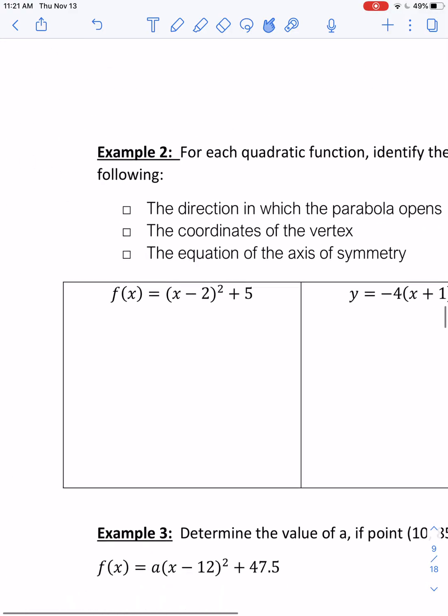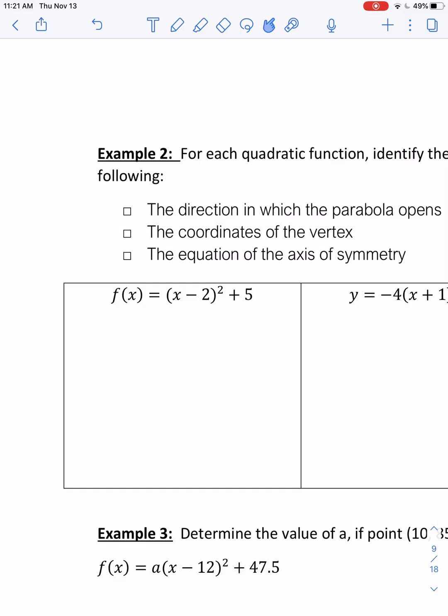It asks you for each of these equations, determine the direction of the opening and the coordinates of the vertex. So right away, there's no a value. We assume the a value would be 1, so that means it's a positive 1. The graph is going to open up. Our vertex is always opposite to the connecting sign, so it's going to be positive 2.